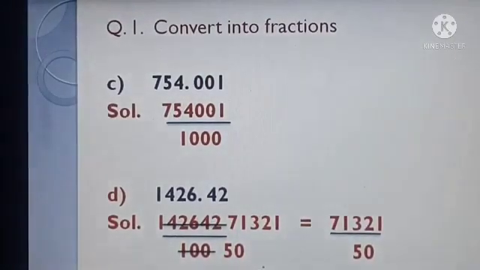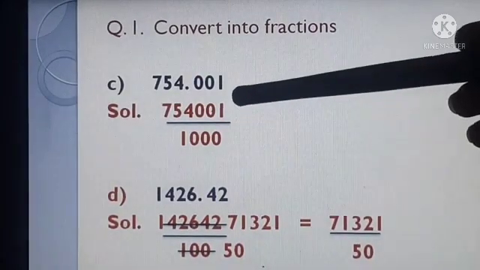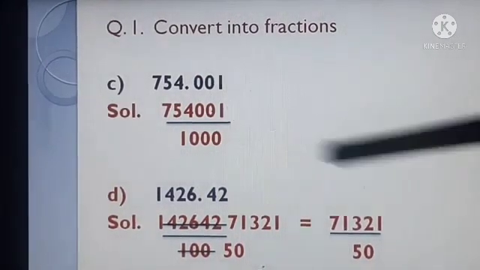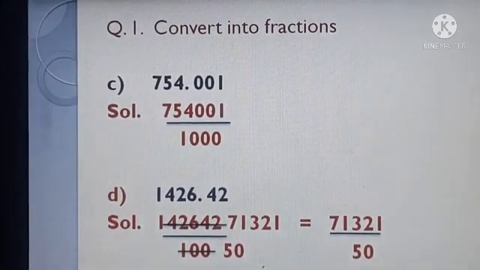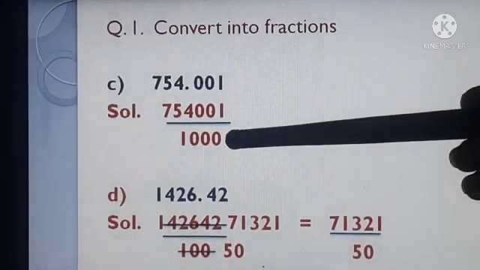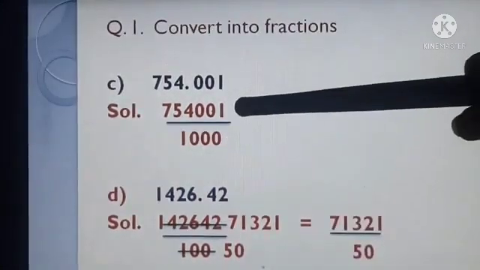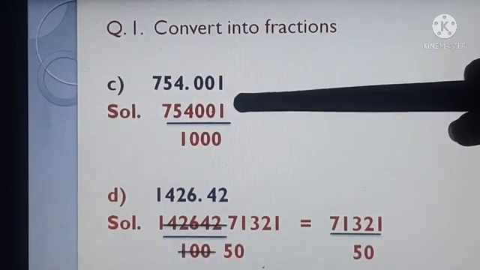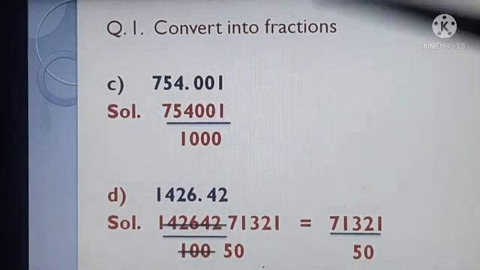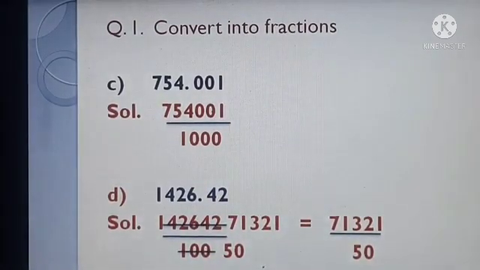How will we read this? 7,54,001 upon 1000. 1000 is divisible by 2, 5 and 10, but this number is not divisible by 2, 5 and 10. So this is our answer only. No cutting, no cancellation is there.